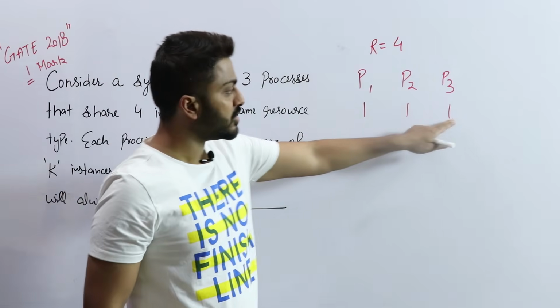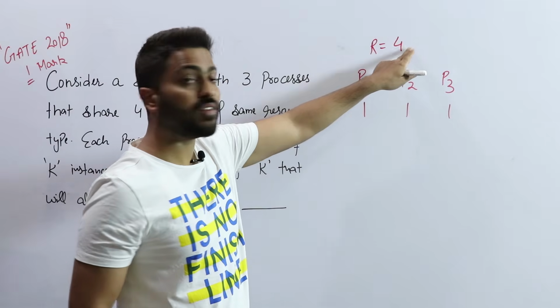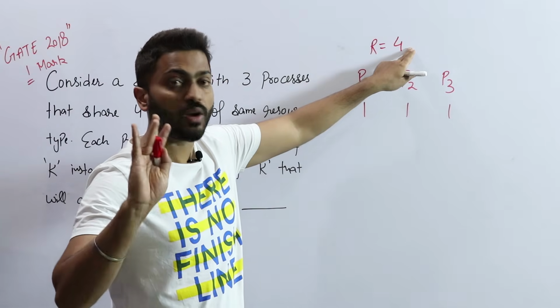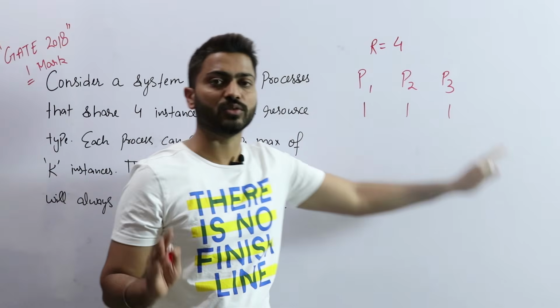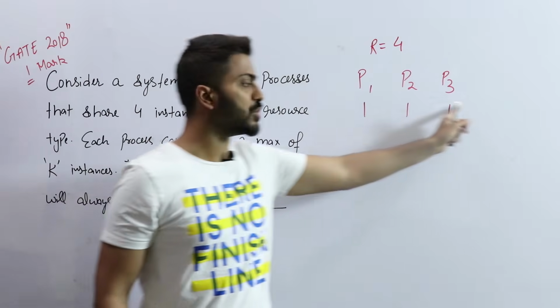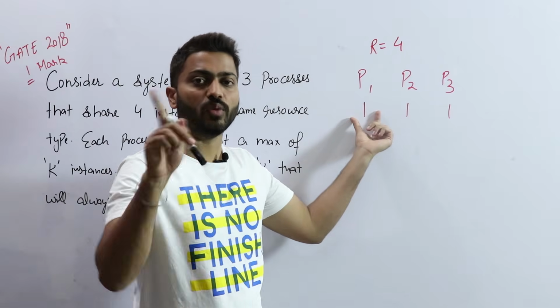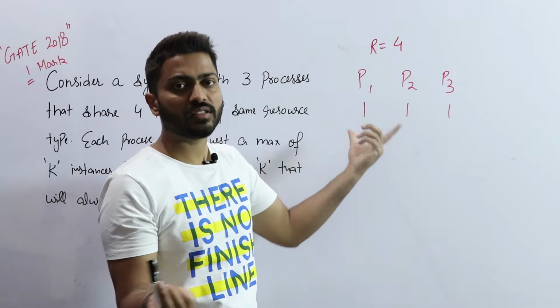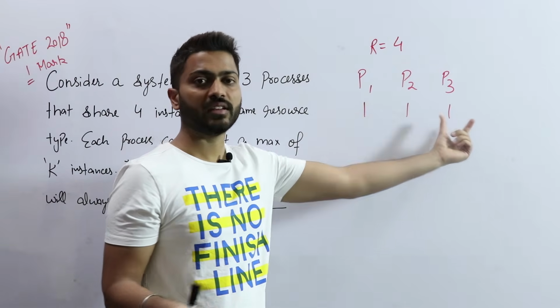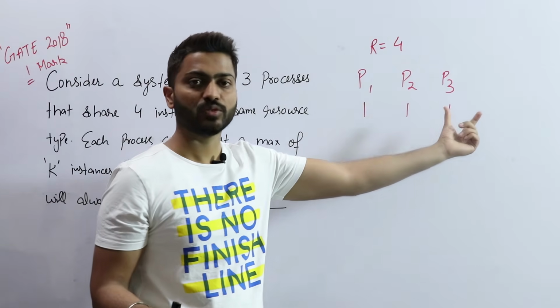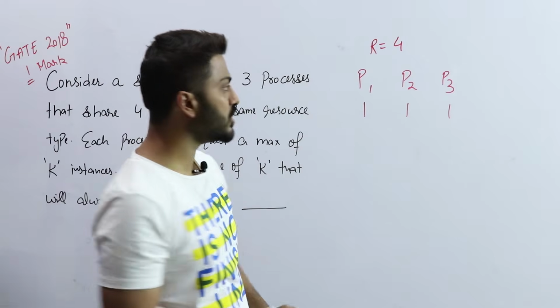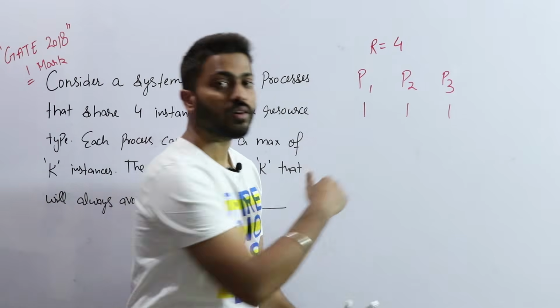So 3 resources I have provided. I am having 4 in my hand, but out of 4 I have given 1 resource to each, and all the processes will successfully execute because they said they need 1. I can easily provide because I am having 4 and their total demand is 3 only. So the answer can be 1.